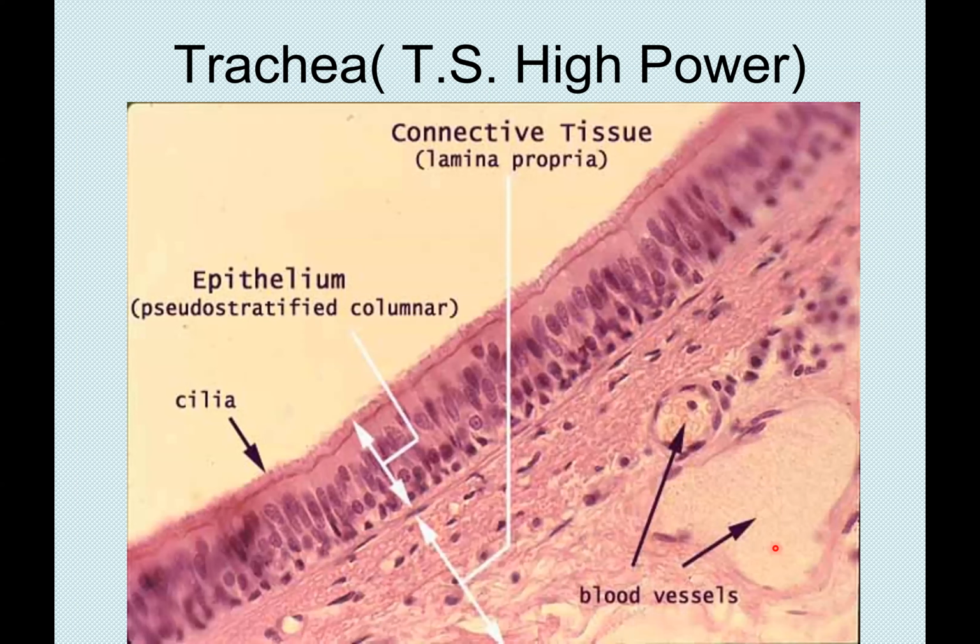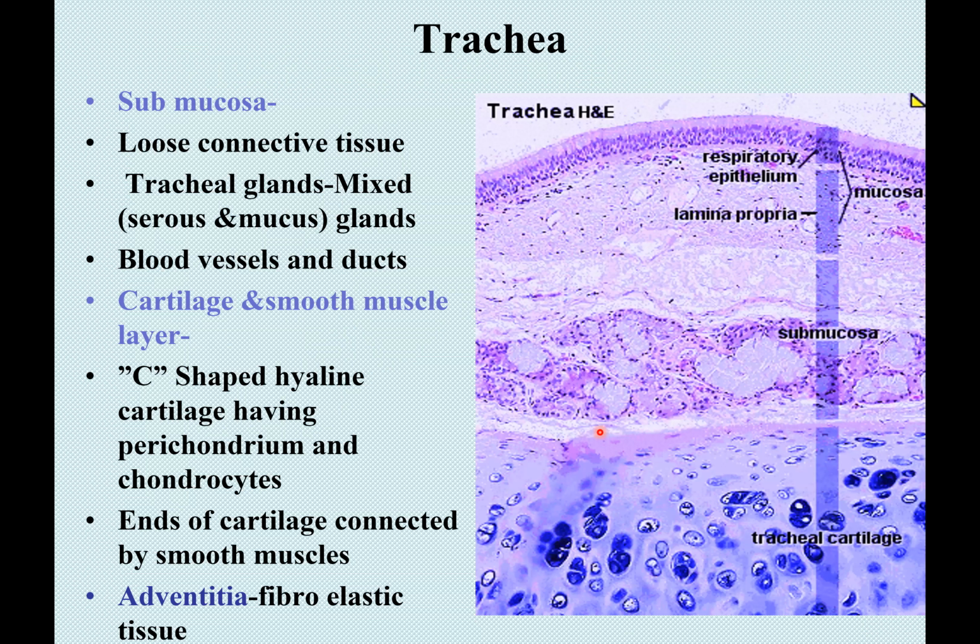Showing you a wider view, you can see the epithelium. You can see the nuclei, which deceive us as if there were more than one layer. Then we can see the lamina propria below it. This is a blood vessel here. Then when we take the submucosa, which is from here all the way to this place, the main thing is that the submucosa is made up of loose connective tissue. Then we have mixed glands.